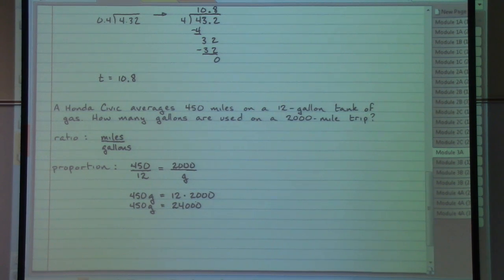And now is where we need to do our little bit of division work here. We're going to need to get rid of the 450 so that the g can be by itself. That means we'll need to divide by 450 on both the left and right hand sides of our equation.